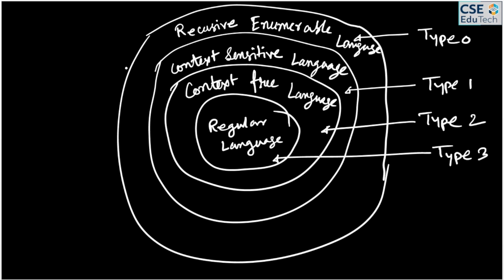From type 0 to type 3, type 0 is basically the most unrestricted grammar, but type 3 is basically the restricted grammar. So thank you.